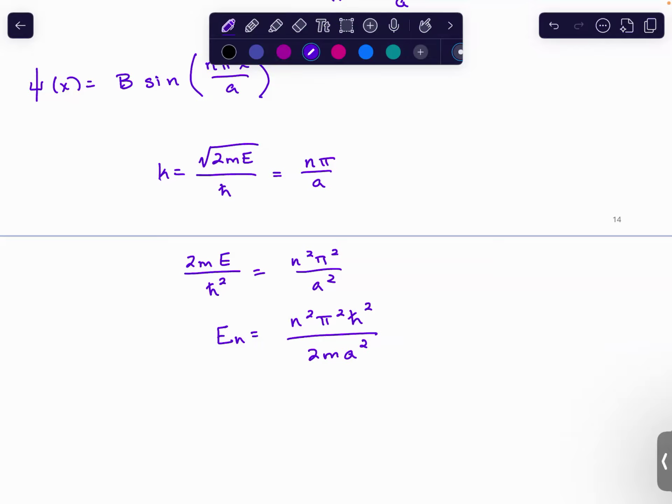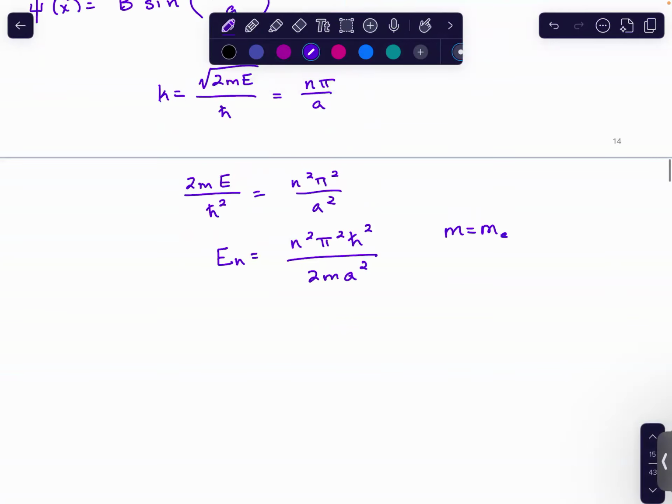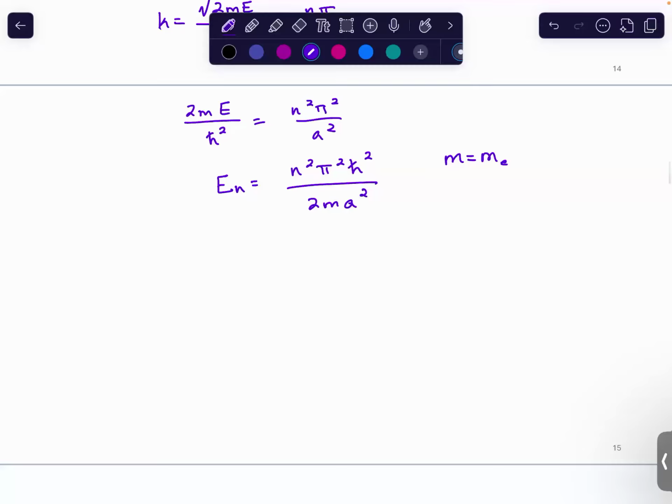So with this one, if you want to compare it to the energy they come up with in the book, you can play with, for example, your h bar is h over 2 pi, stuff like that. Your m is going to be the mass of your electron, and so on and so forth. Okay, so N is your principal quantum number.